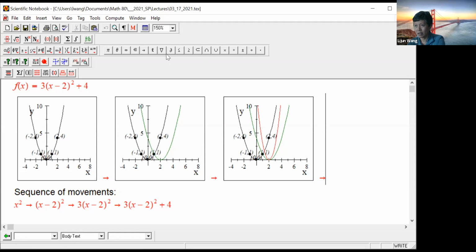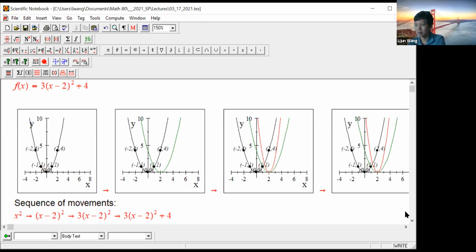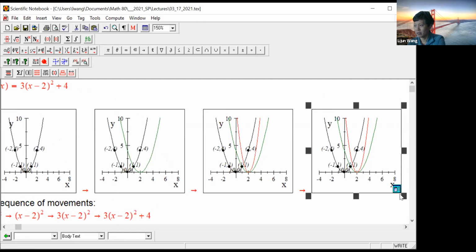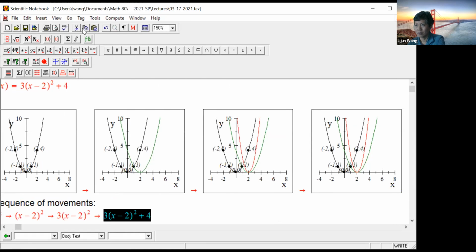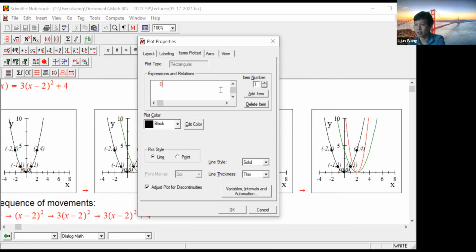Okay, so the final picture will be, oops, sorry. Okay, the final picture, we will shift up or down.